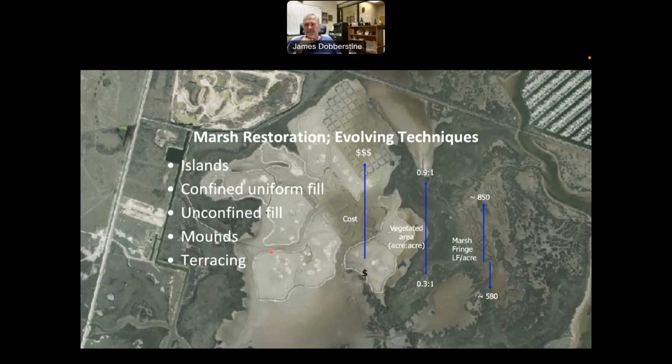And then you get to things like the mounds that I showed you, unconfined or confined fill, so that's kind of what you've got going on in here, or the creation of outright islands that we've done in some areas out in West Galveston Bay.